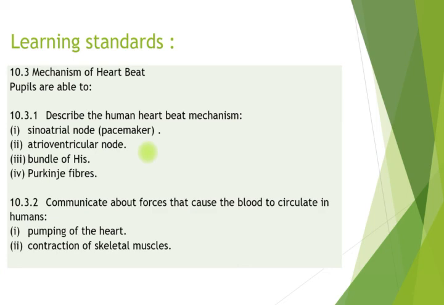The AV node will pass the impulse to the bundle of His and the Purkinje fibers, and it will cause the ventricle to contract. What happens when the ventricle contracts? It will pump the blood throughout the body. So that is the mechanism of the heartbeat.